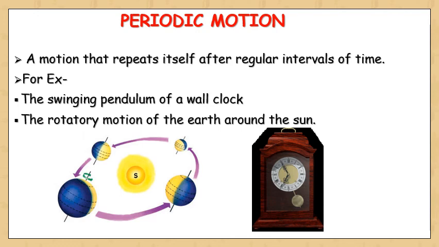Similarly, the change of day and night, caused by the rotation of the earth, is also periodic motion. Then the heartbeat of a normal person is also an example. So periodic motion is a motion that repeats itself after regular intervals of time.